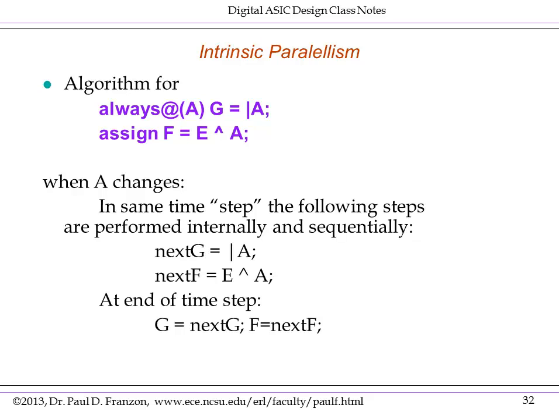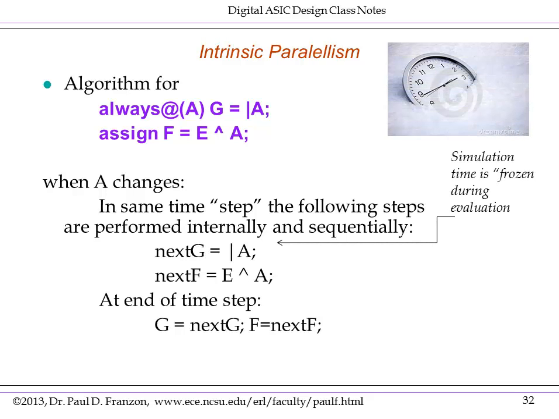The way that is done is as follows. When A changes, the simulator essentially freezes time, freezes the simulator time, while it goes off and works out all these parallel bits of hardware and how they're going to behave.